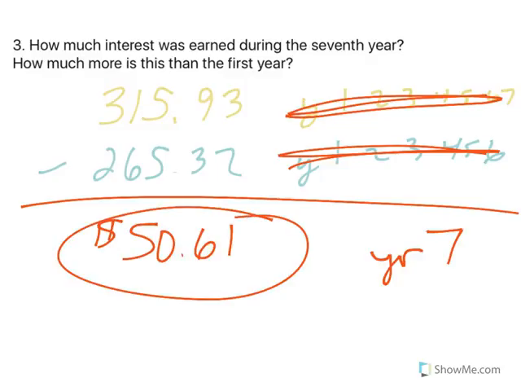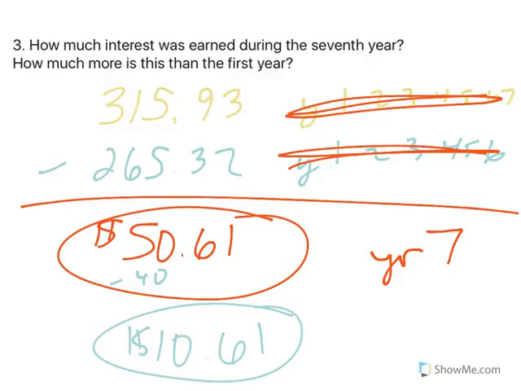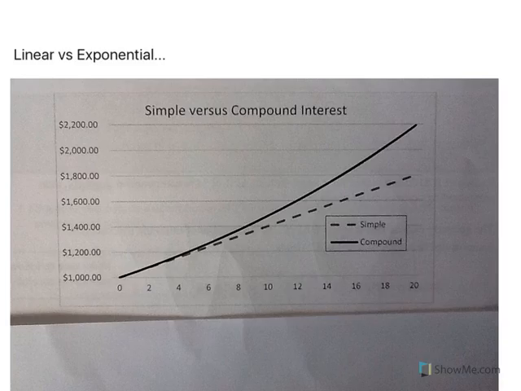So you can see, when you compare that to the first year, subtract the $40 of the first year, you're earning $10.61 more than you did in the first year because, again, more interest has accumulated. Your balance is higher. When you have a higher balance, you're going to earn more interest. That makes sense logically, hopefully.